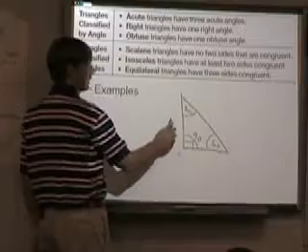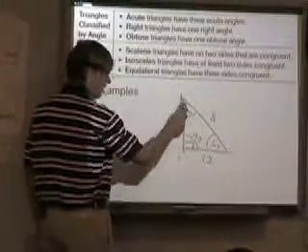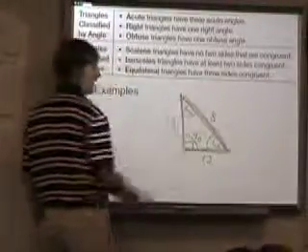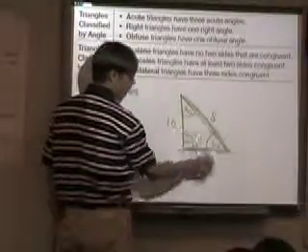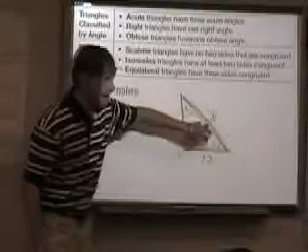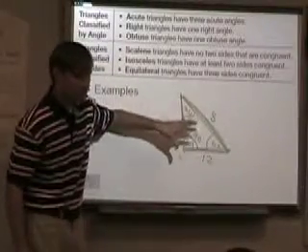Now, you can also have numbers out here, and what do they have to do with? The sides. This is a side, this is a side, this is a side. So on every triangle, you're going to have 6 numbers: 1, 2, 3, 4, 5, 6. The numbers on the inside have to do with the angles. The numbers on the outside have to do with the sides.